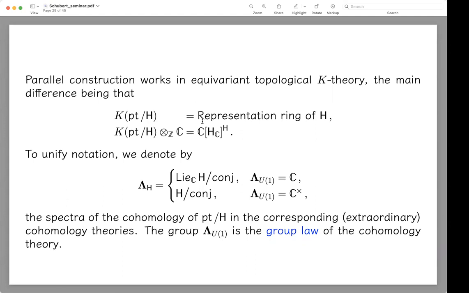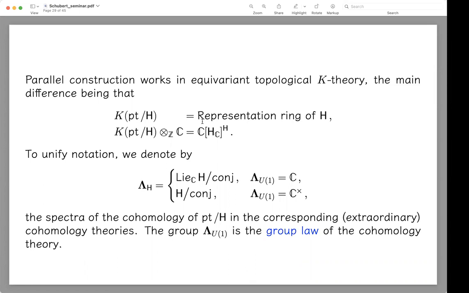All of these objects we will denote by boldface L, boldface lambda with the corresponding subscripts, for the reason that we had some space lambda of parameters before, and the lambda for the first half of the talk will be exactly the lambda for the second half of the talk. In particular, this lambda of U1 is really just the group law.